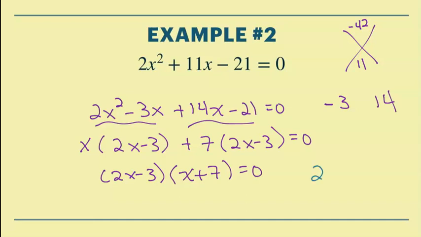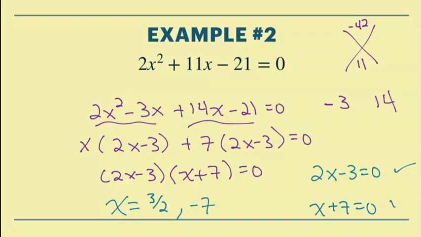I get that 2x minus 3 has to equal 0, or x plus 7 has to equal 0. All right, so that means if 2x minus 3 equals 0, if I solve that for x, I get positive 3/2. And if I solve the second equation for x, I get that it has to be negative 7. So my two zeros, or two solutions to this equation, are 3/2 and negative 7.